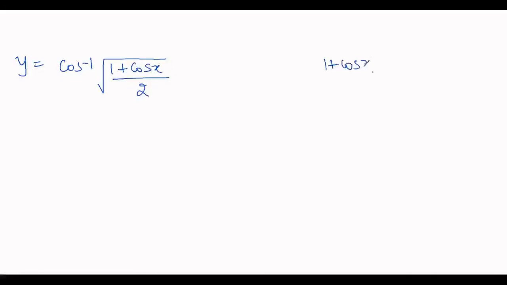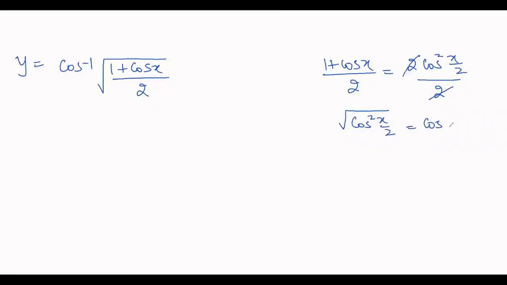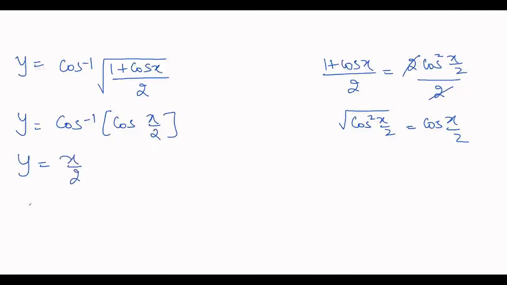This is in half angle: 2 cos squared x by 2, divided by 2. The 2 gets cancelled. Square root of cos squared x by 2 is simply equal to cos x by 2. Let me rewrite here. y is therefore equal to cos inverse of cos x by 2, which gives us y is equal to x by 2. Therefore, differentiating both sides, I get dy by dx, which is the coefficient of x, equal to 1/2.